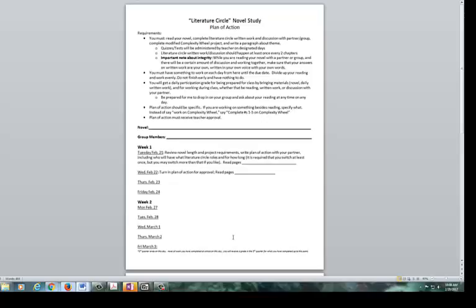Okay, you will see that I've left space for you to decide that you need to read some of your novel on Tuesday as part of your homework. And then, of course, in class, you will need to have the amount of pages that you're going to read planned for Wednesday. It is up to you and your partner or your group to decide how many pages you need to read each day.